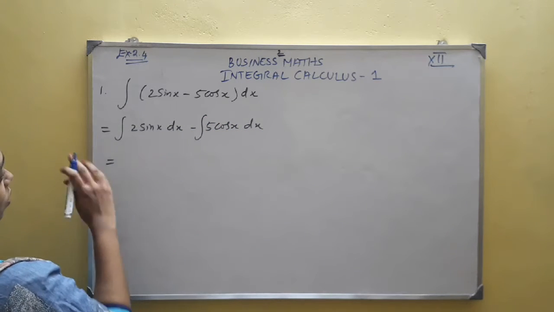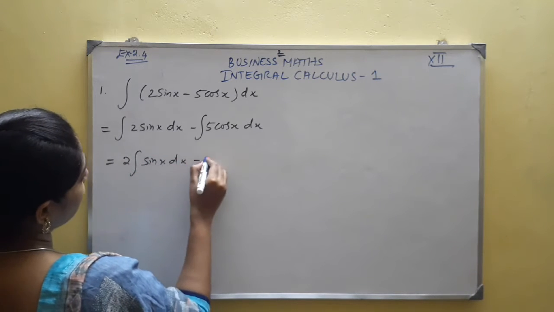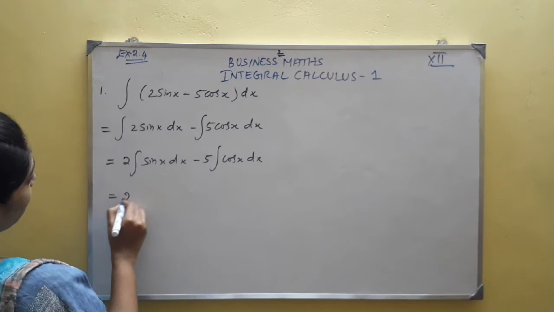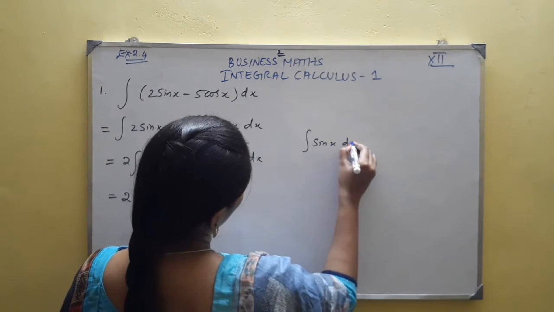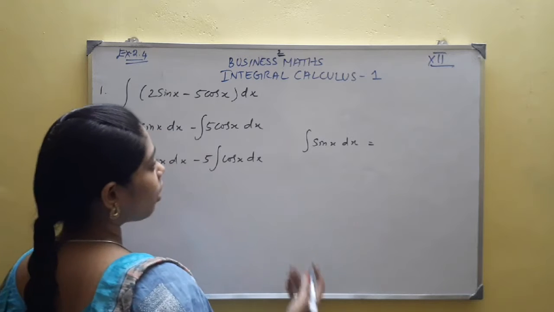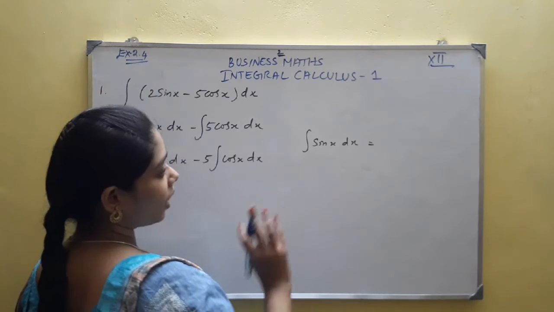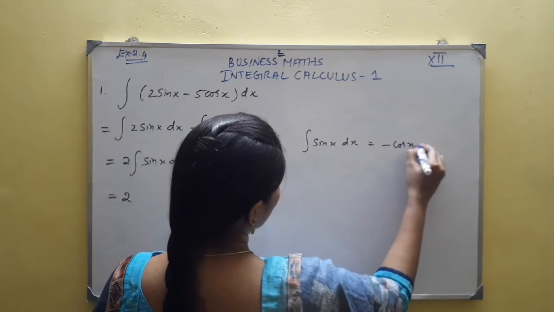Take the constant outside the integral sign: 2 integral sin x dx minus 5 integral cos x dx. And for the integral of sin x formula, if you forget, just try to recall the differentiation of cos x is minus sin x. So integral sin x gives me minus cos x plus c.